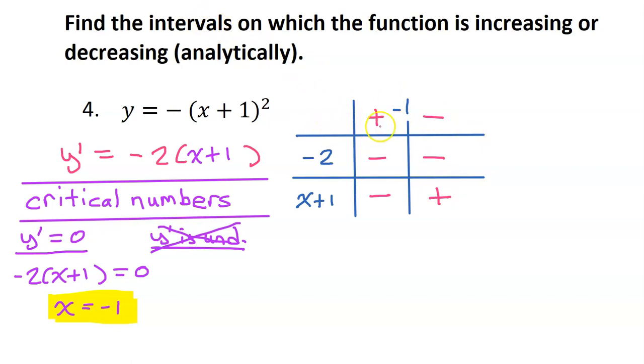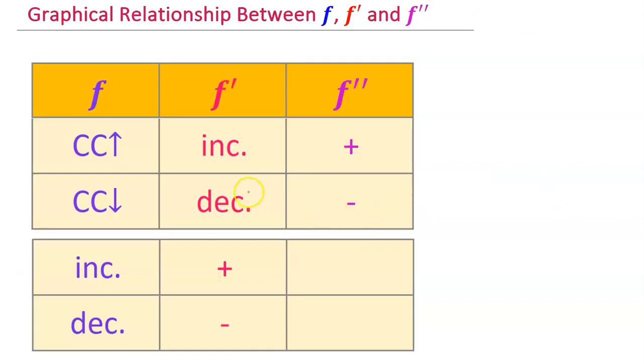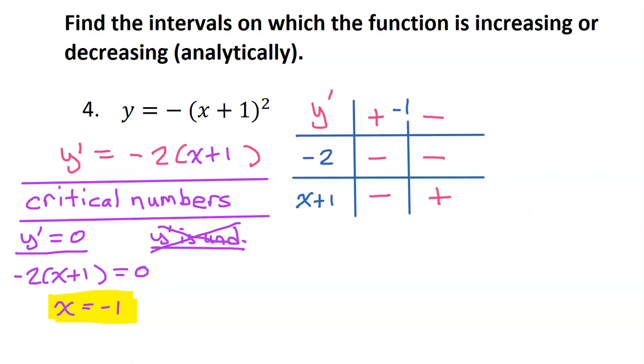Also, we should label this whole graph as a sign chart of y prime. So remember, we know that the function will be increasing where f prime is positive and decreasing where f prime is negative. So that means the original function will be increasing in this interval and decreasing in this interval.